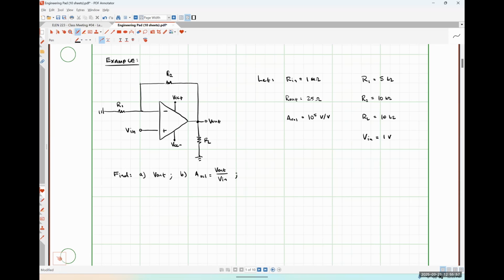I want to figure out what my differential voltage is. For what it's worth, we know that Vp is at the non-inverting input terminal. So our differential voltage is just going to be Vp minus the voltage at our inverting input node that I'm going to label as V minus, like so.